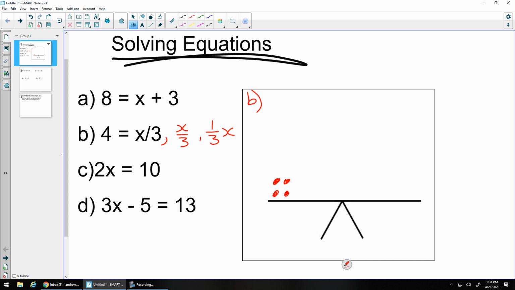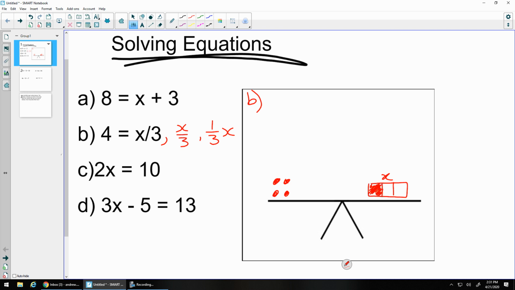If we have a strip that is split into thirds, and if this represents 1x, there's 1/3 of it filled in. If this is x, we want to know how much 1 whole x is equal to.